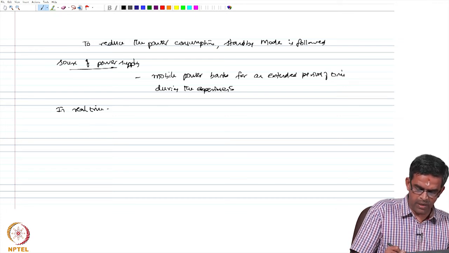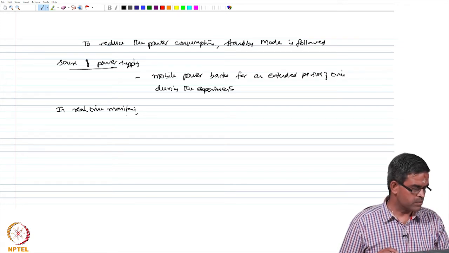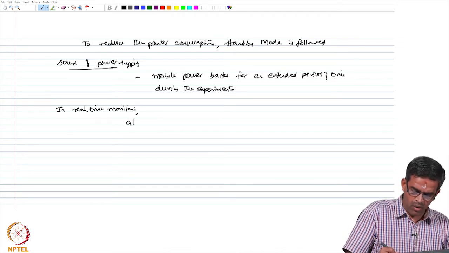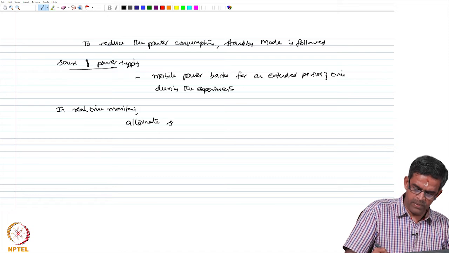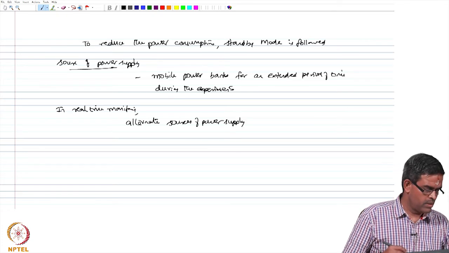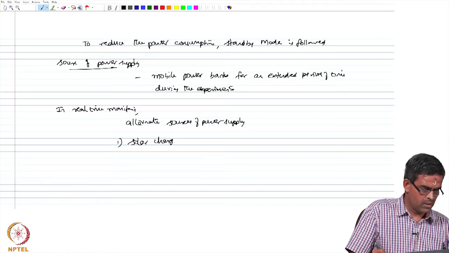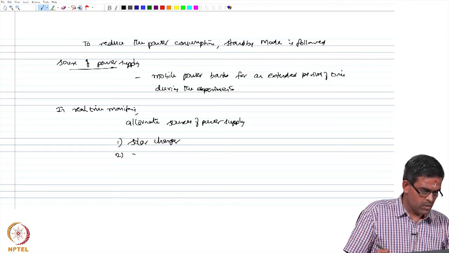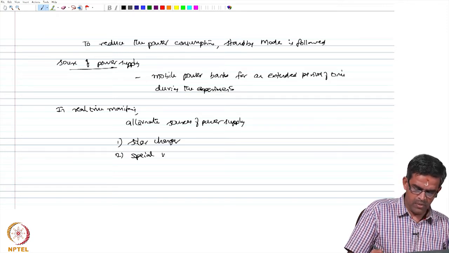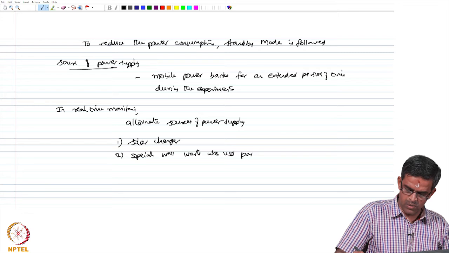So, what people generally do is the following: in real time monitoring, one can use alternate sources of power supply, namely a solar charger, special wall warts with USB ports.